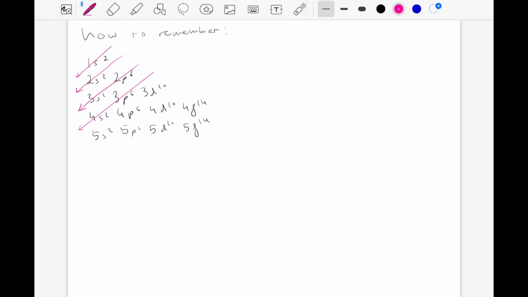Only after filling up 4s2 do you go to fill up 3d10, and then you fill up 4p6 and then 5s2. So this is already getting quite confusing, but let's just stick to the anomaly that is most common, which is the fact that 3d10 is more energetic than 4s2, thus we fill 4s2 up first.